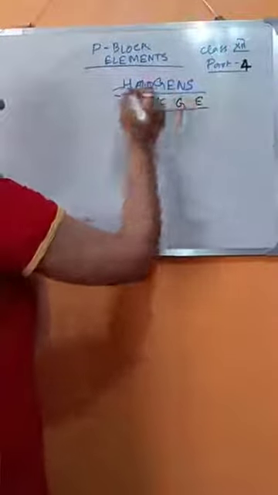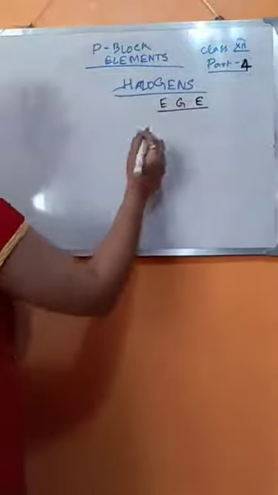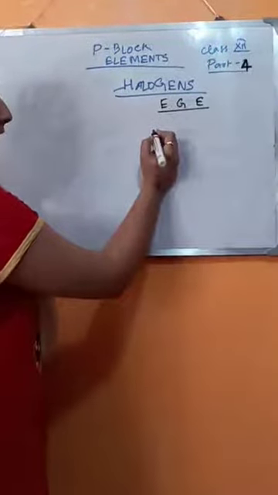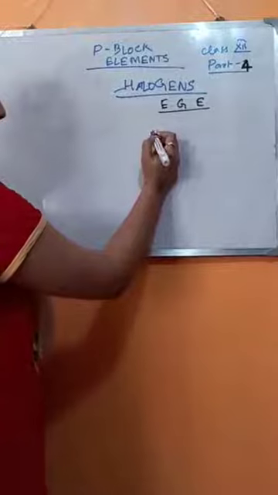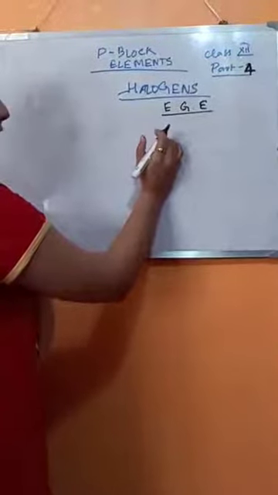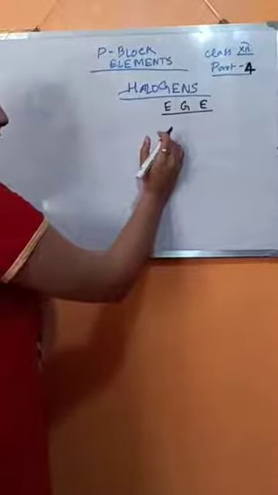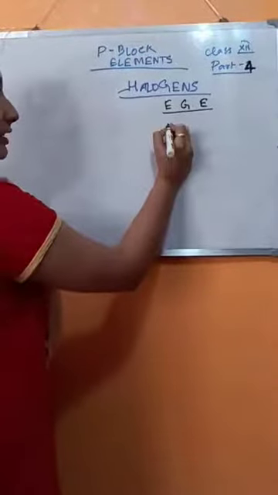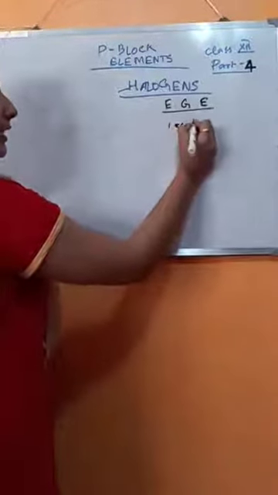I have written this in the short form. Okay. What happens for the halogens is electron gain enthalpy is high. Why? Because the halogens have one valence electron short of a stable configuration.